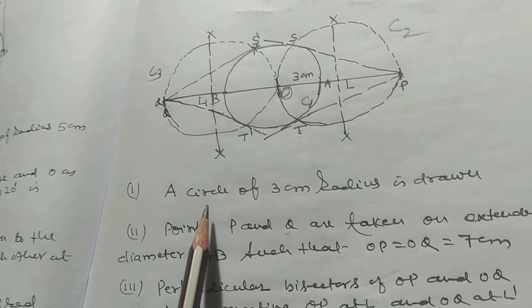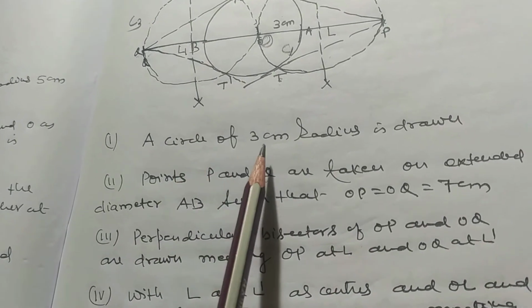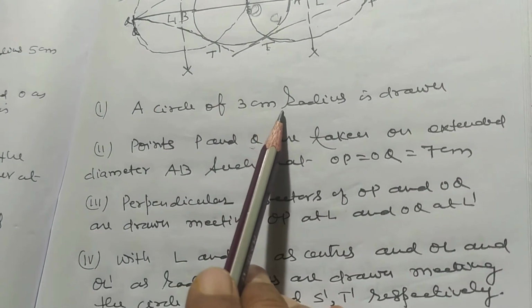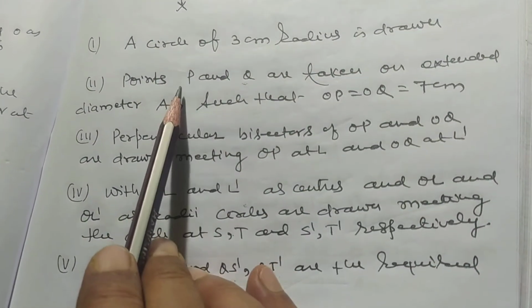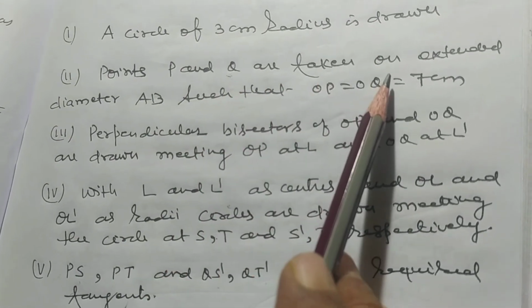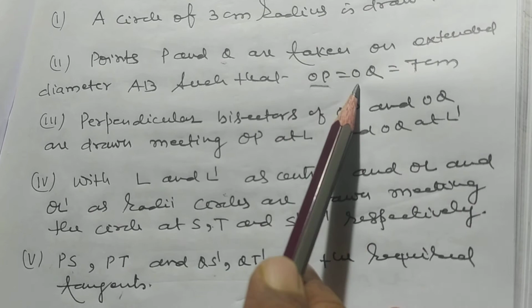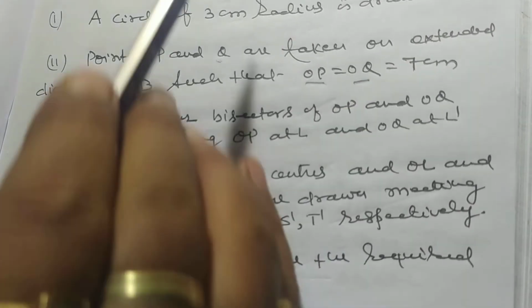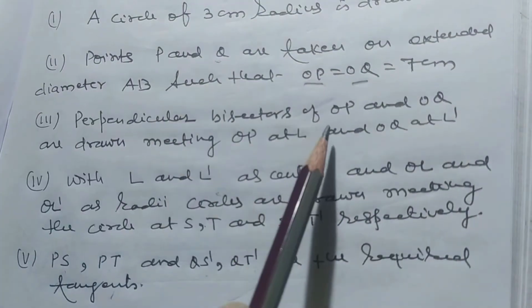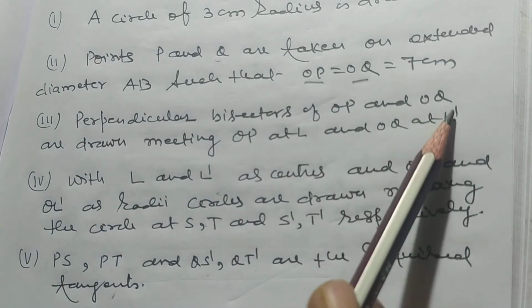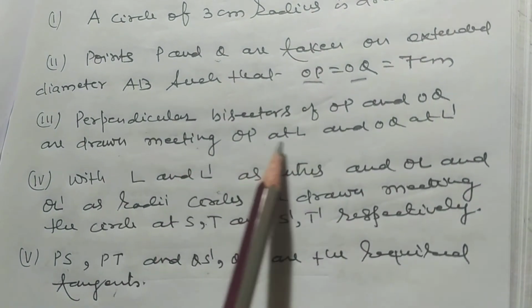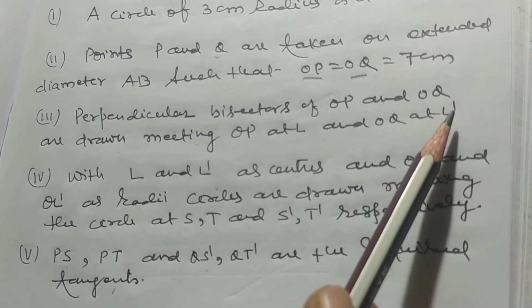Now, I have written here the steps. A circle of 3 centimeter radius is drawn. Points P and Q are taken on extended diameter AB such that OP is equal to OQ. Perpendicular bisectors of OP and OQ are drawn, meeting OP at L and OQ at L dash.